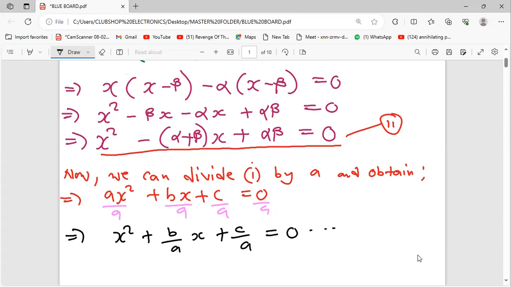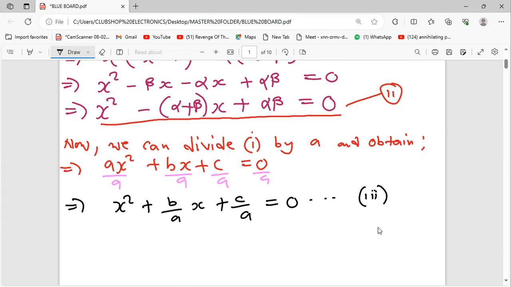We can call this equation 3. Now we compare equation 1 and equation 2.